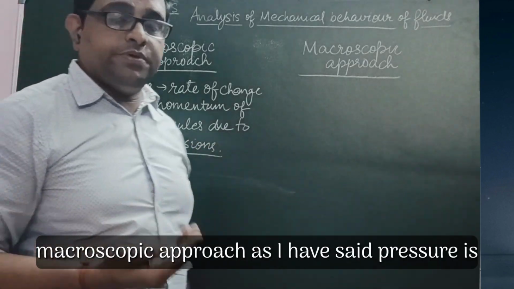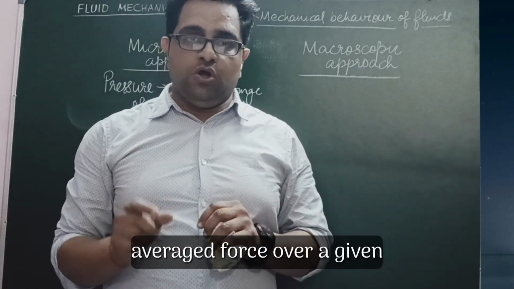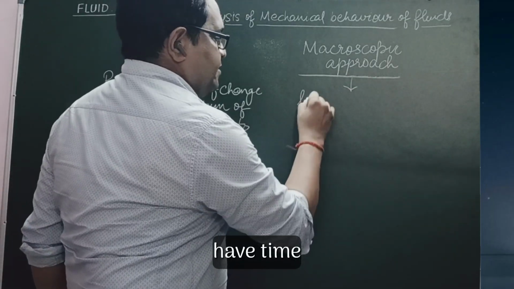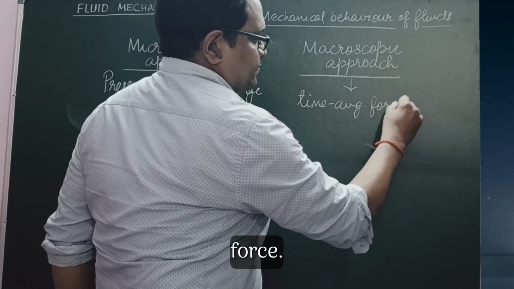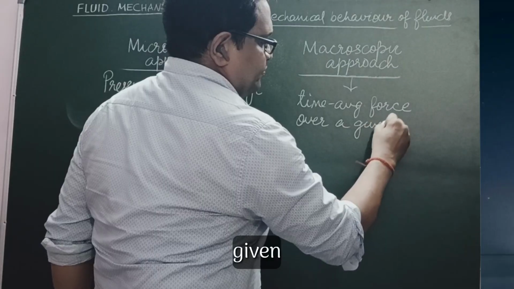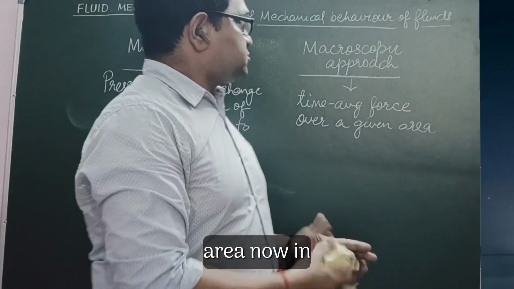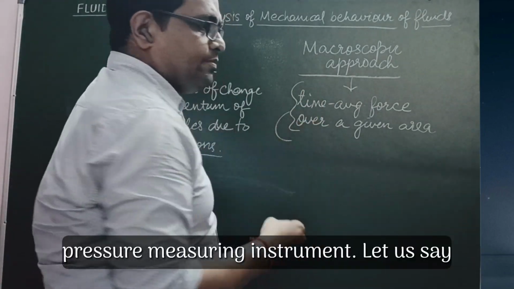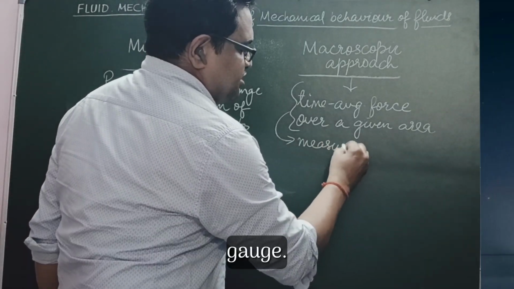And in the macroscopic approach, as I have said, pressure is described in terms of the time averaged force over a given area. Now, in the macroscopic approach, this can be measured by using any pressure measuring instrument, let us say a pressure gauge.